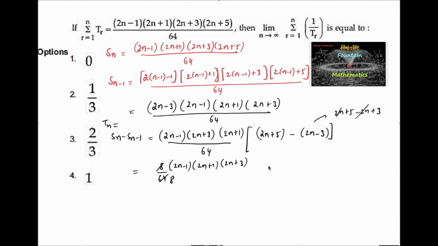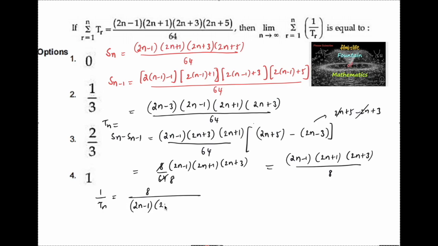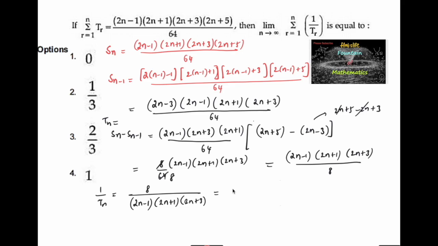So we got Tn as 2n minus 1, 2n plus 1, 2n plus 3 divided by 8. Then 1 upon Tn is equal to 8 upon 2n minus 1, 2n plus 1 and 2n plus 3. Let's take 1 upon 2n minus 1 common.